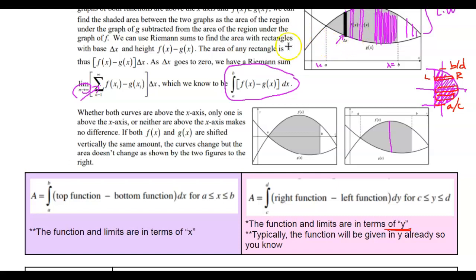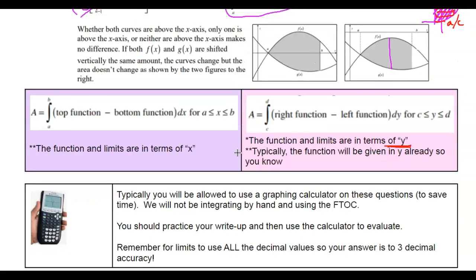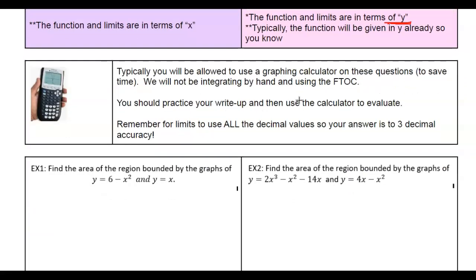A lot of this is going to be showing your setup. You might have to find the intersection points of the two functions, and then show your setup and use your calculator to integrate. Because of time, even on the AP test, they'll just want you to set these up, show it for 1 point, and type it into your calculator to get that numerical answer.